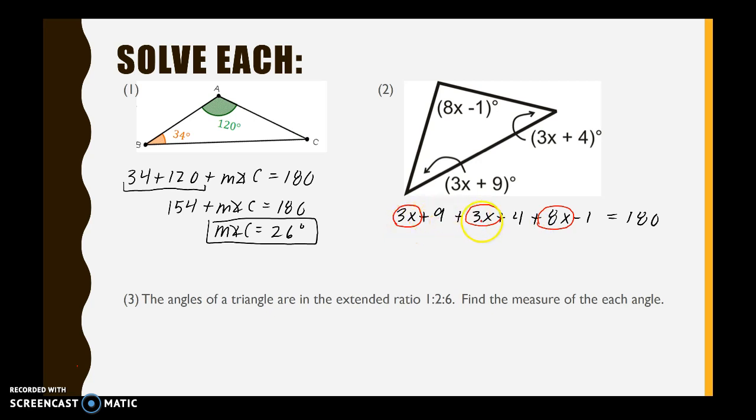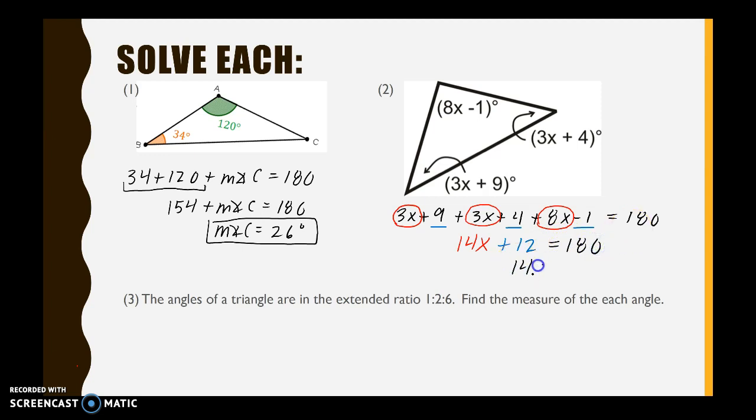So all the x's: 3 plus 3 is 6, plus another 8 gives me 14 x's total. And then my constants: 9 plus 4 is 13, 13 minus 1 gives me positive 12.